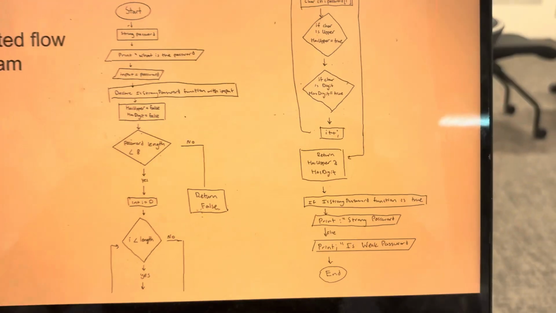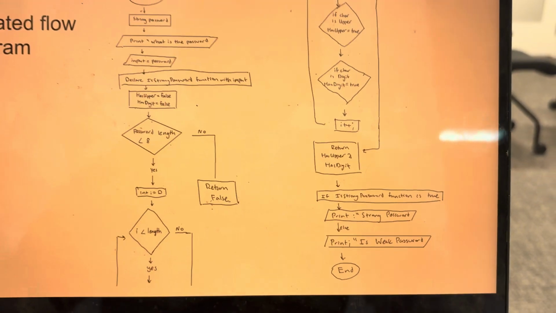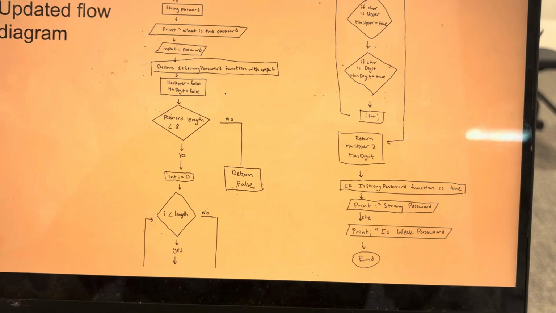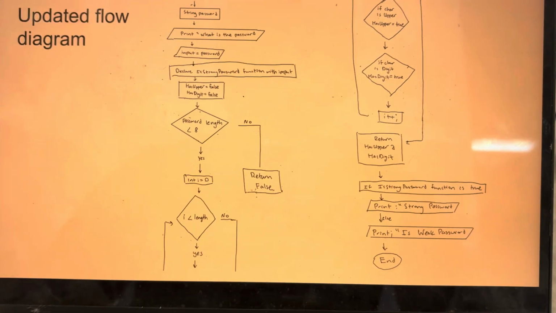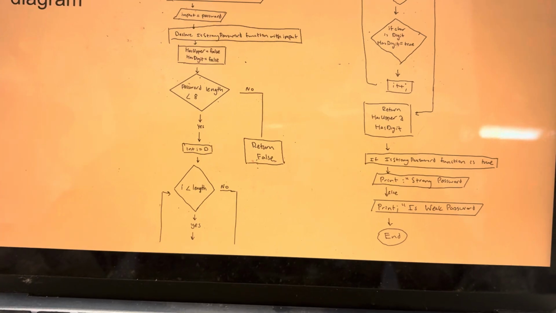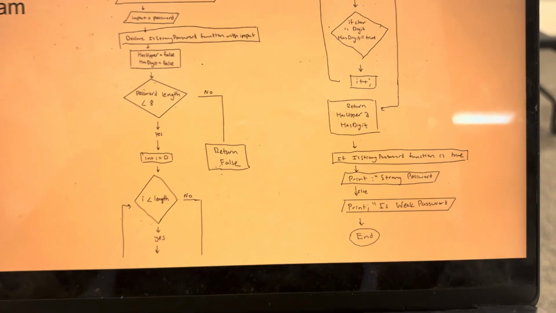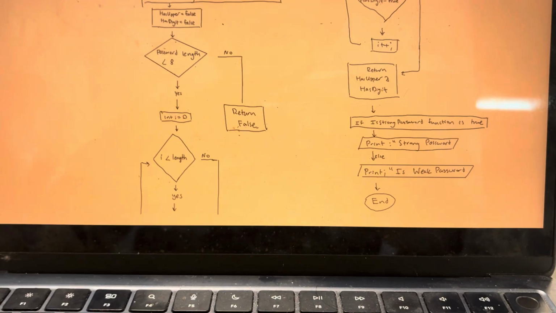As you can see, this is basically the same thing that I just discussed in the steps portion of my presentation. We first initialize the string password by asking what is the password. We then declare the isStrongPassword function, which checks for password length and also checks if the password has an uppercase letter and a digit.